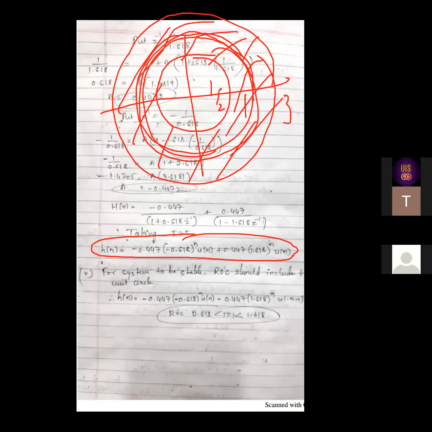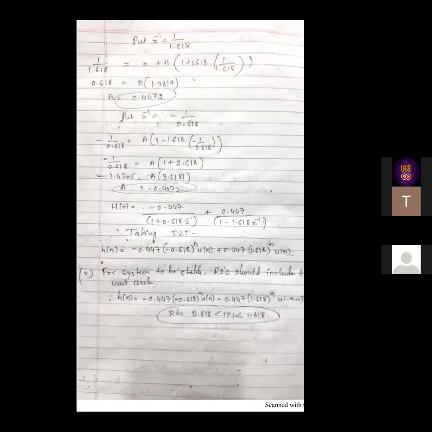That's why, when you have two terms, 1.618 and 0.618, your ROC should be in between these two. Then only it is possible for the system to be stable, because only then can the ROC include the unit circle.